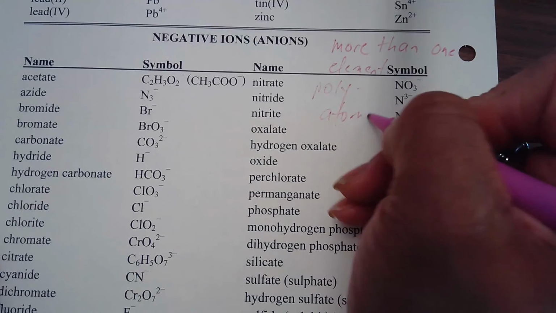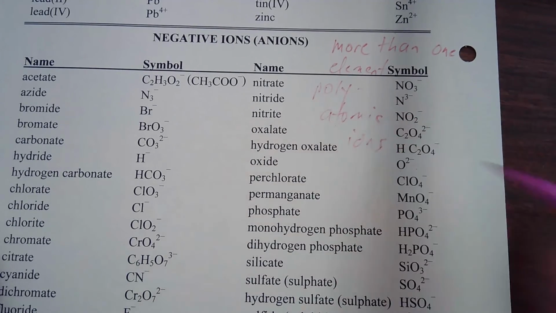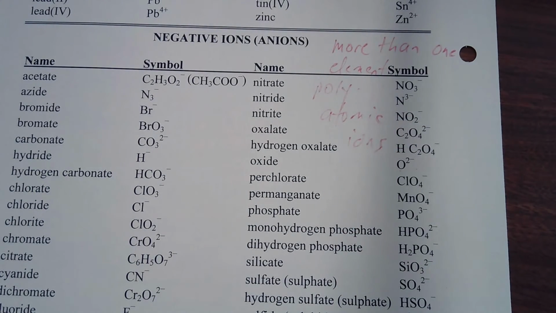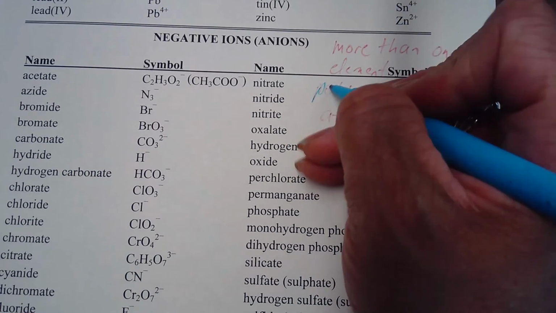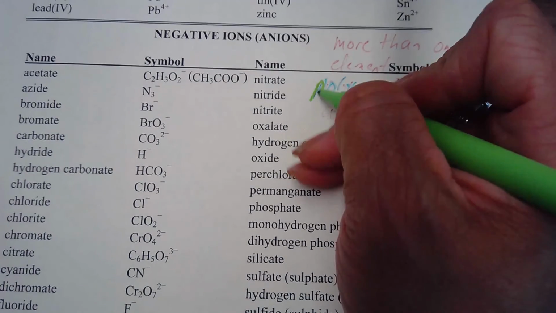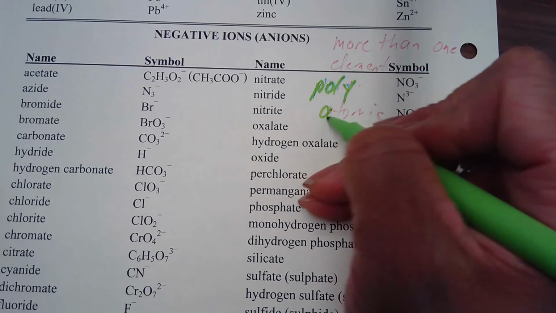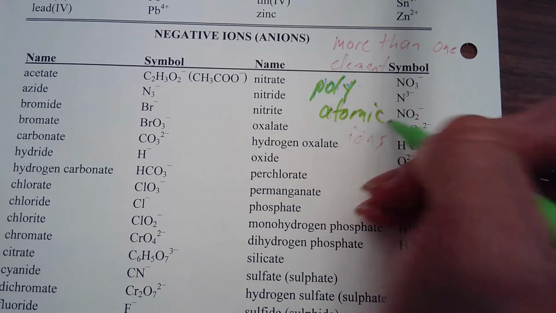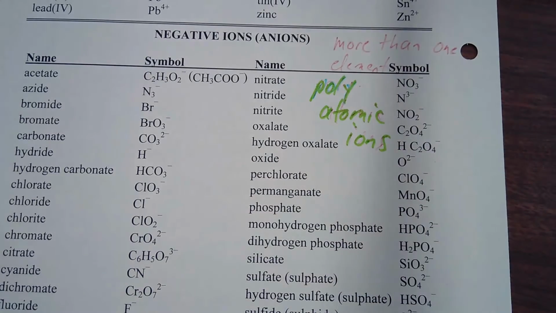Now my pen is running out. Polyatomic ions. Can you guys read that? Poly means multiple. There, pens are running. Somebody wanna buy me some markers? I'll buy some tomorrow. Okay, so polyatomic ions. That means it contains two or more.